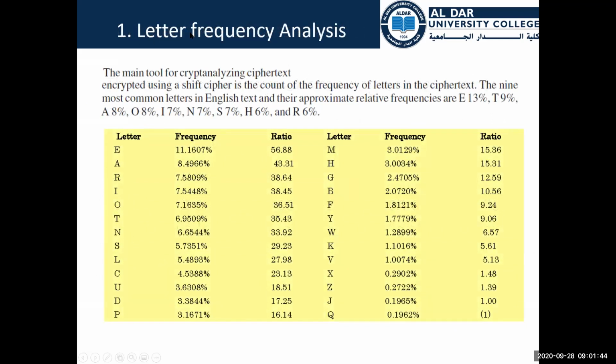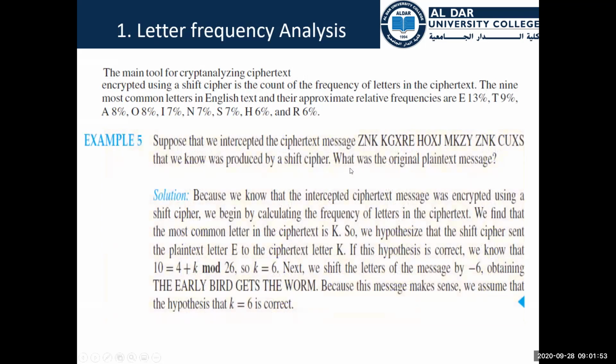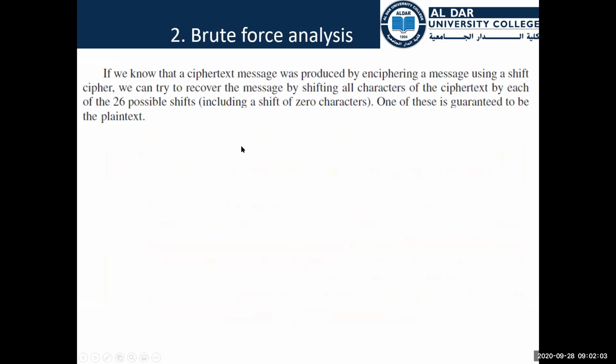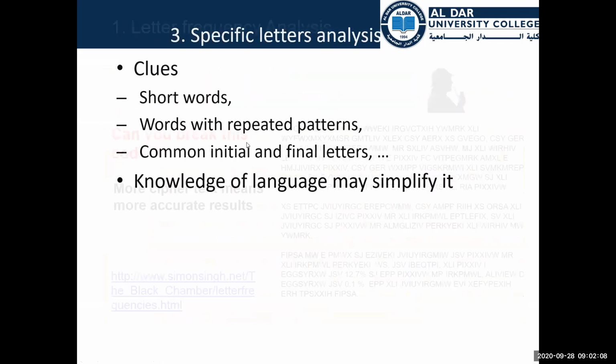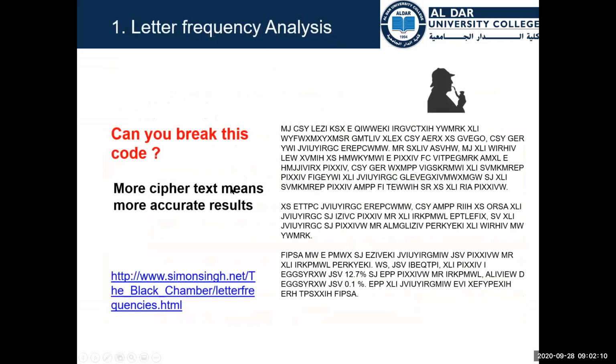For letter frequency analysis, the letter E is repeated in English more than others. So we look at the ciphertext, see which letter is repeated most, and it should be E. Brute force analysis is trying every possible combination. We talked about all of these in lectures.